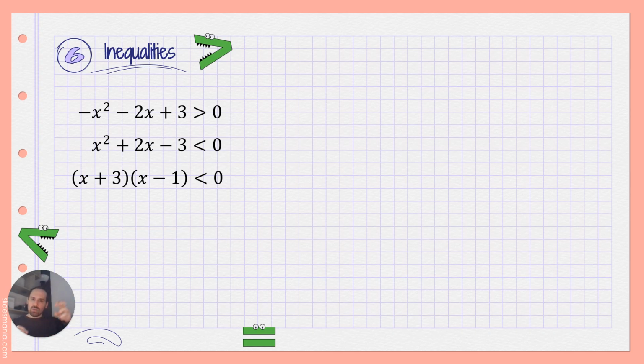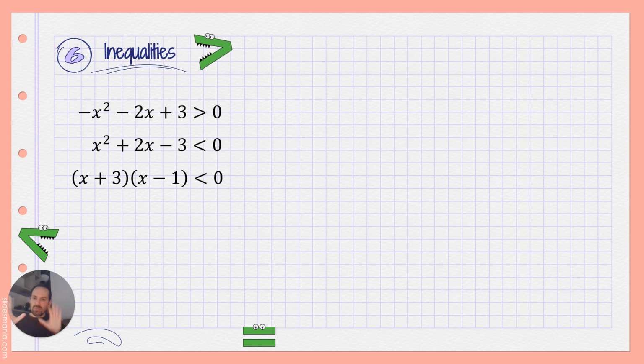So that's why we still want to get it to the form of something less than or greater than 0. Because now we're considering, is it positive or is it negative? We've got two things here multiplying to produce something that's less than 0, so that's negative.